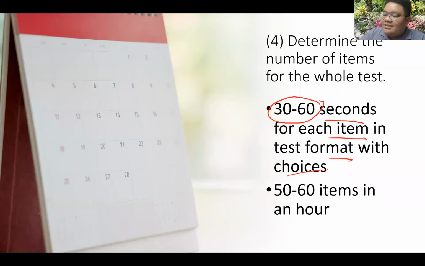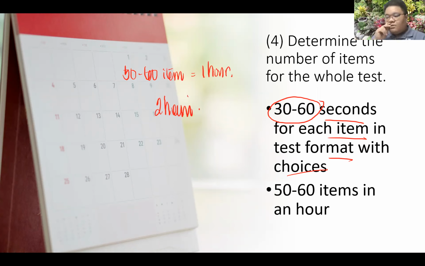For that reason, class, in 1 hour, 50 to 60 item exam is good for 1 hour. Okay? Instead about if mabait na teacher ako, gusto kong gawing 2 hours yung exam. Now, class, take note. If we're talking about items with choices, your 1 hour is already enough for 60 items.